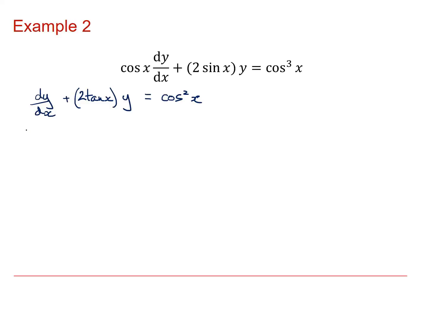Now my integrating factor is going to be e to the integral p dx, remembering that this bit is p and this bit is q. So that's going to be e to the integral of 2 tan x dx, and that gives me e to the 2 log sec x.